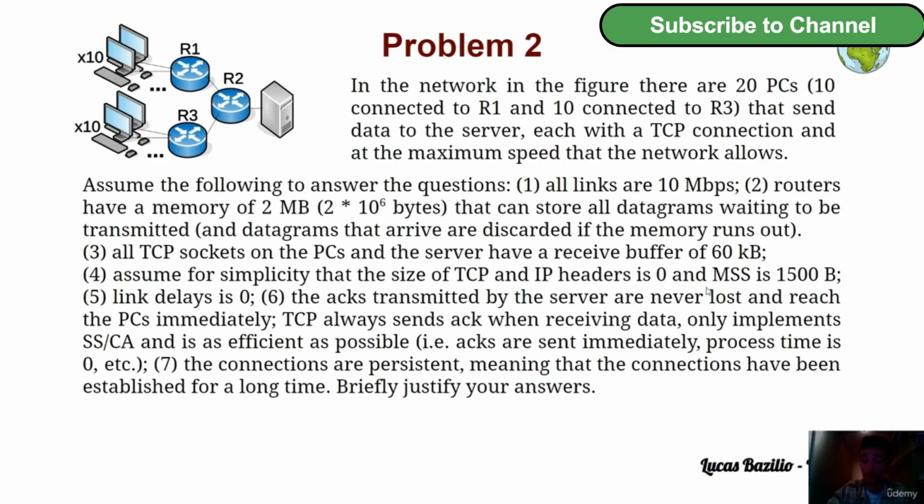Now, remember that in TCP, when data is sent over a TCP connection, it is divided into smaller units called TCP segments. And the TCP buffer is a designated area in the receiver's memory where these segments are stored until they can be processed.